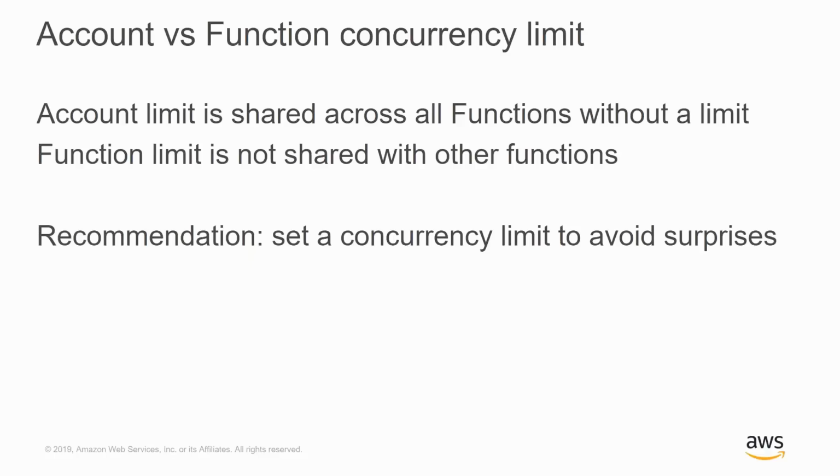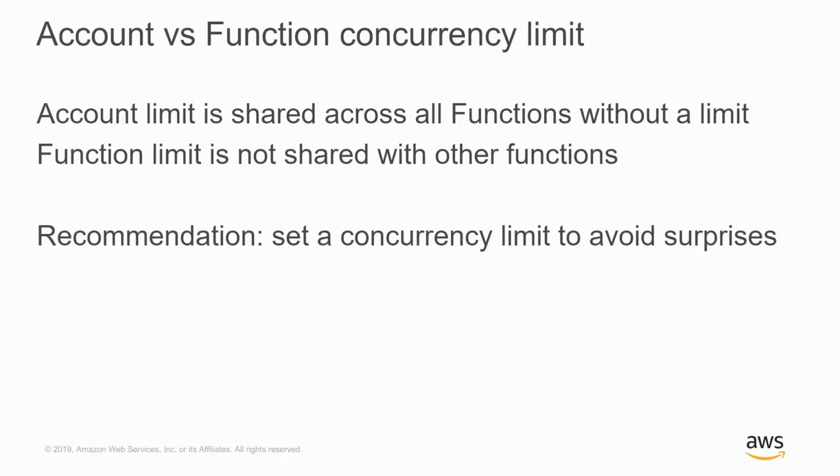Imagine you have 10 Lambda functions and none of them have a specific function limit. They just all use the shared account limit of concurrent invocations. And they all happily churn along and run. And then suddenly there's an increase in invocations to one of those 10 functions. And because they all use the shared account limit, this leaves less available concurrency for the remaining functions.